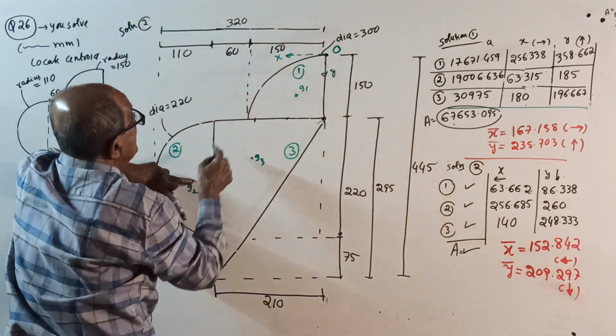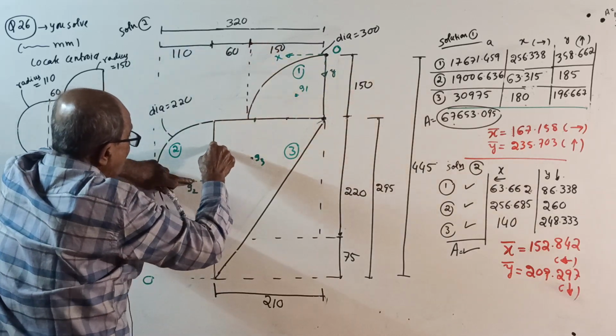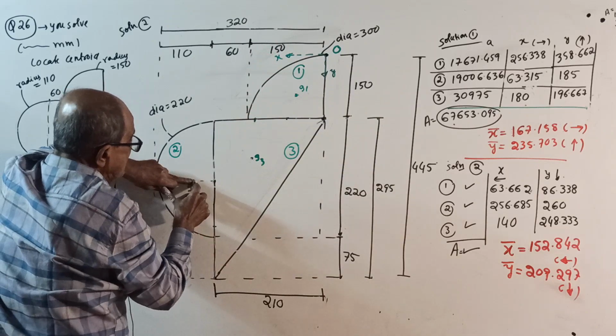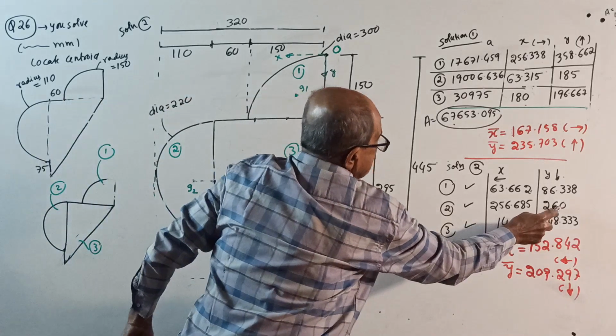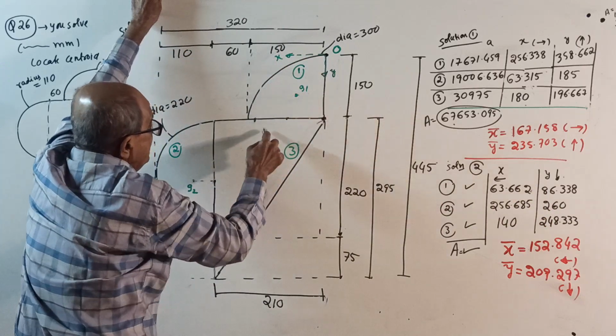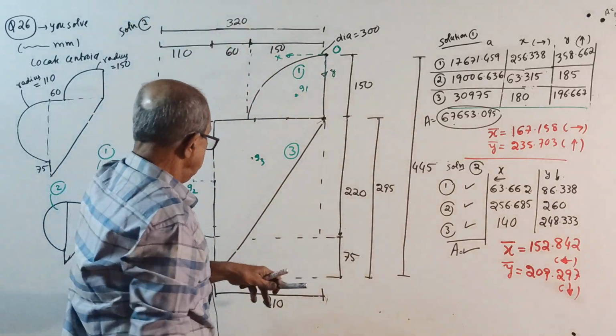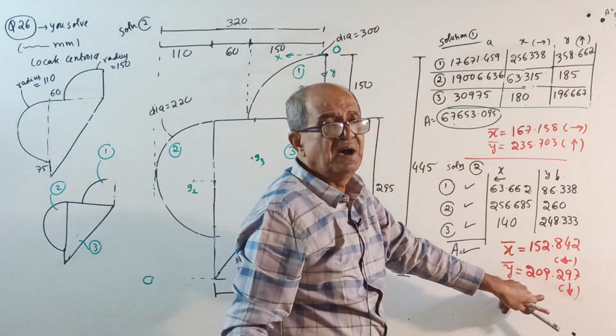Y2, 150 plus half of the diameter by center. This way 2d by 3 pi, this way center. Y3, 150 plus 1 by 3 of 295. You will get x bar, y bar.